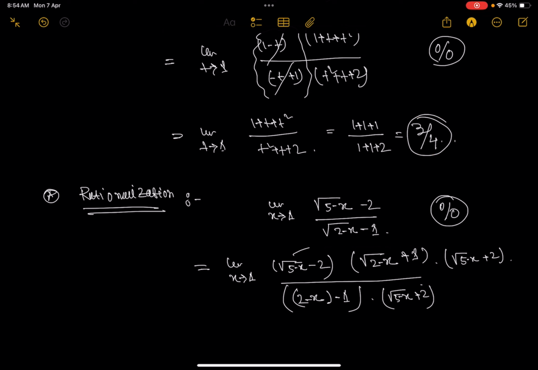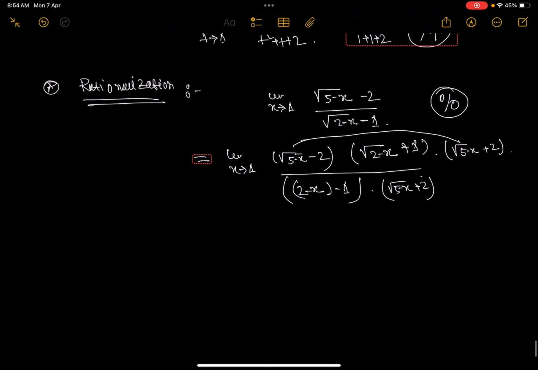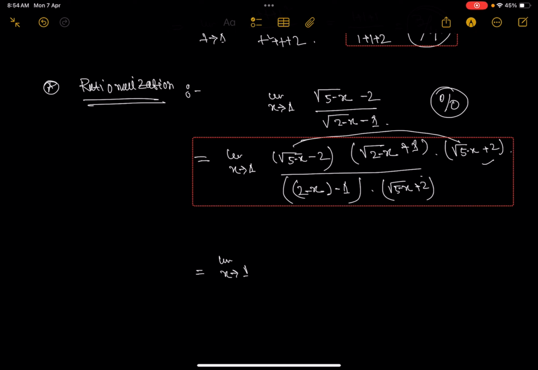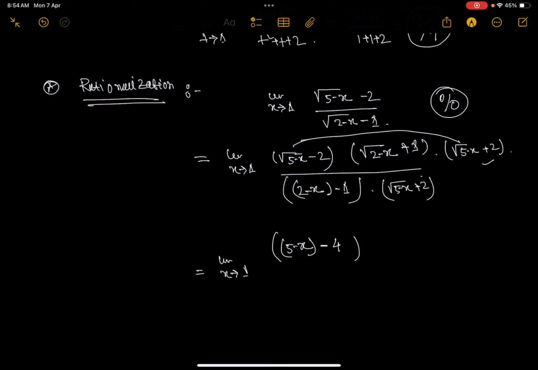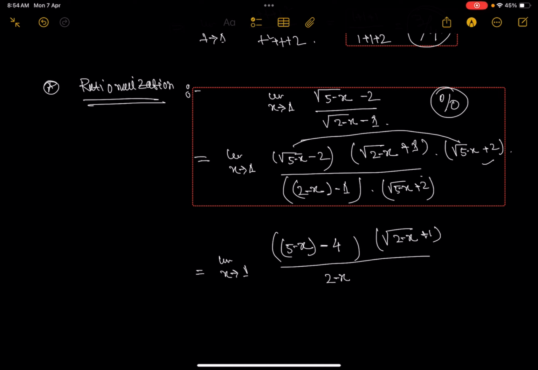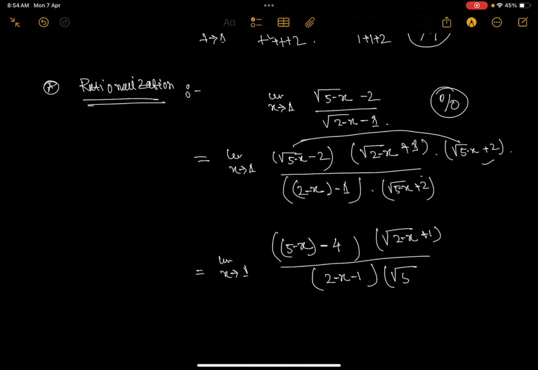For this term and this term, we see that this is a minus b times a plus b, so this is a square minus b square. Limit x tends to 1, this goes to 5 minus x minus 2 square, 4, into square root of 2 minus x plus 1, over 2 minus x minus 1, into square root of 5 minus x plus 2.